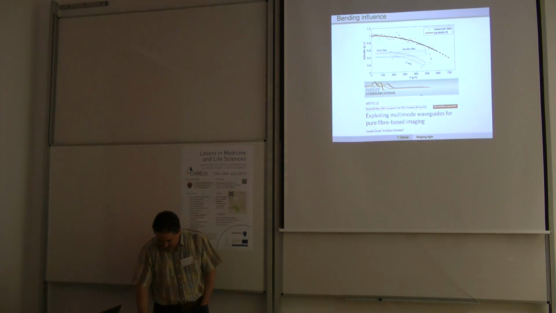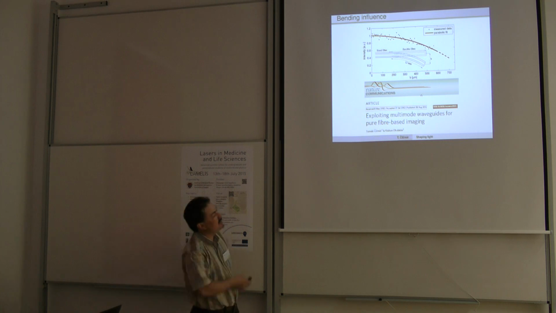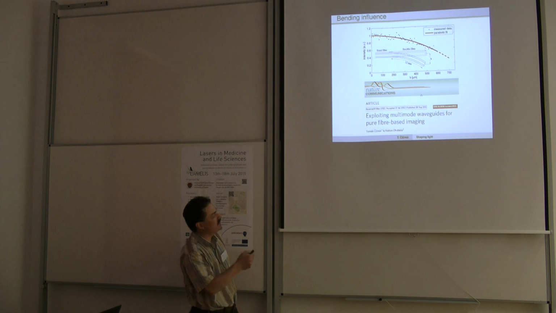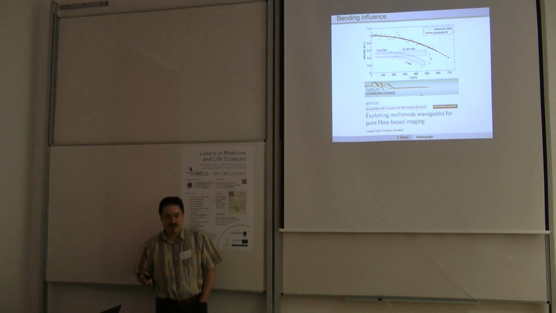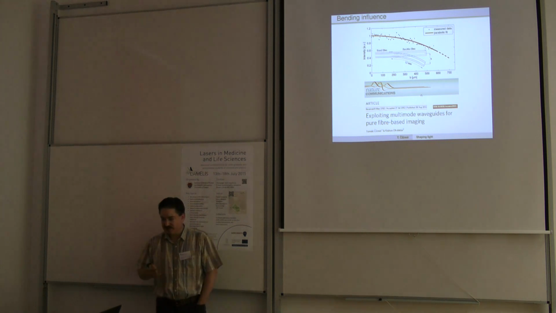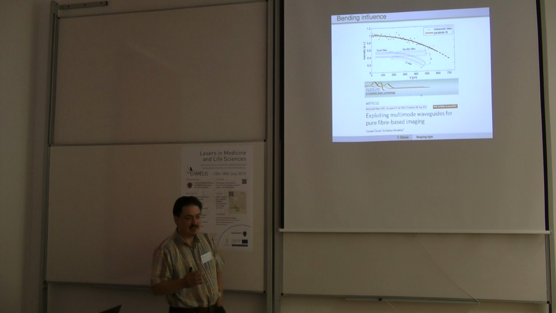Right. Now, there is a huge issue, right? And the big criticism is that if you bend the fiber, the transformation matrix changes. And essentially you lose the image, right? Because the randomization of the light in the fiber is different. So you could only use it in sort of static geometry.